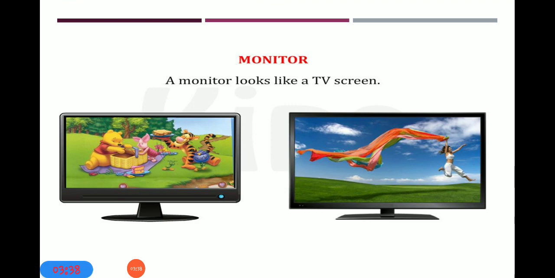Now here on your screen you can see the monitor. A monitor looks like a TV screen. It looks the same as a TV screen, but the difference is that a monitor works with other units: it is also connected with the keyboard, mouse, and CPU, but a TV is not connected with a keyboard, mouse, or CPU.